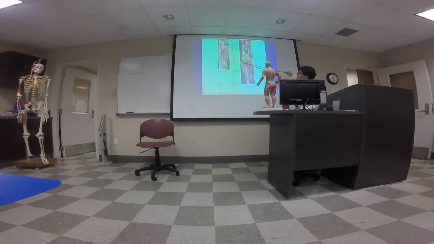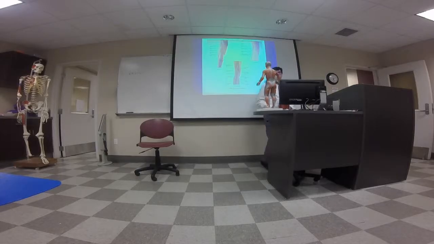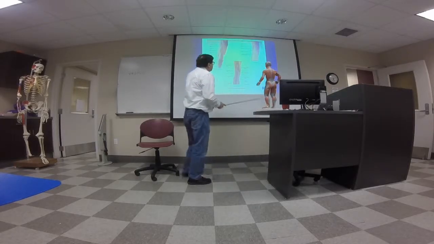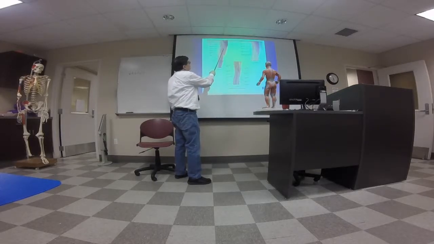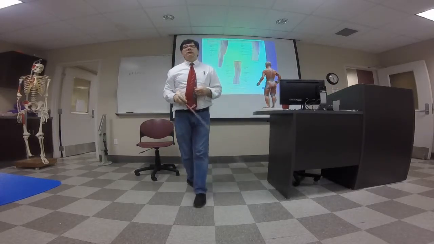Over here, here's the rectus femoris, which they've cut away here. And so deep to it is the intermedius. This would be the rectus femoris. This would be the vastus medialis, lateralis. By the way, you can see the sartorius coming across on the surface here.